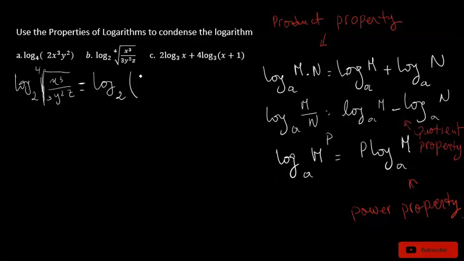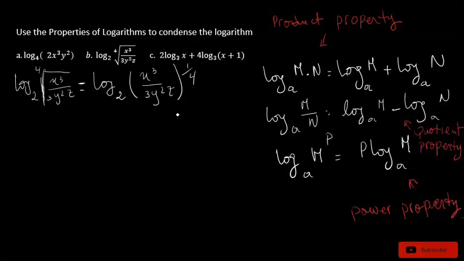That means I'm going to write it as log base 2 of x cubed over 3y squared z raised to the power of 1 over 4.